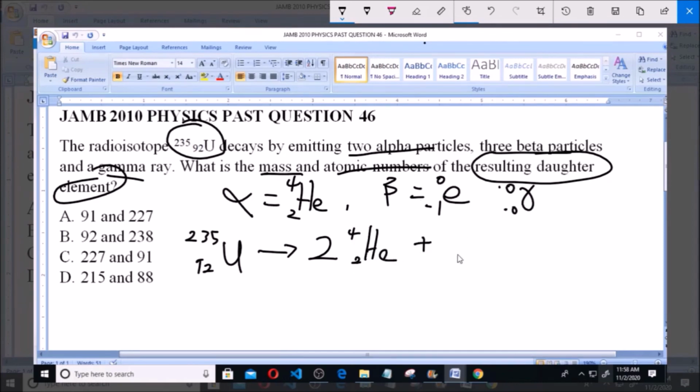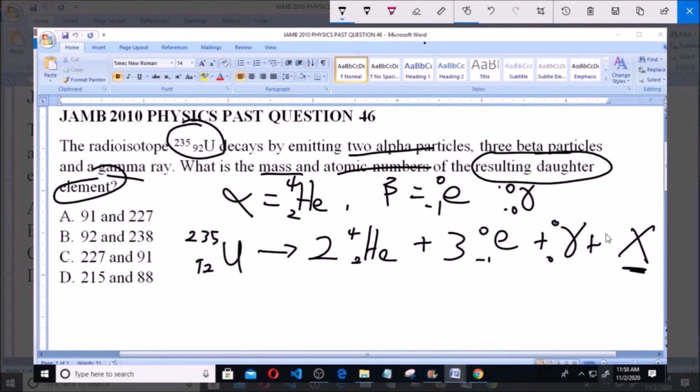Then 3 beta particles, similar to having 3 electrons, and then 1 gamma ray. And then the daughter element, let's call it X. So we're asked to find the mass number and the atomic number of this daughter element X. Now let's look at what we do.